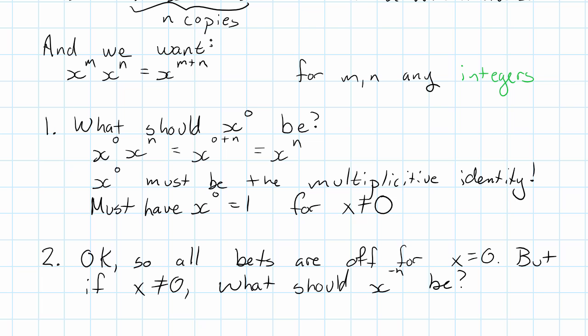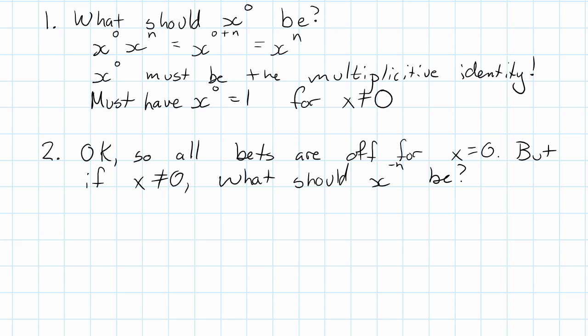Okay, so all bets are off for x equals 0, but when x isn't 0, what should x to the negative n be? We want to have x to the negative n times x to the n equals x to the negative n plus n, which is x to the 0, which is 1. We want x to the negative n times x to the n to be 1.